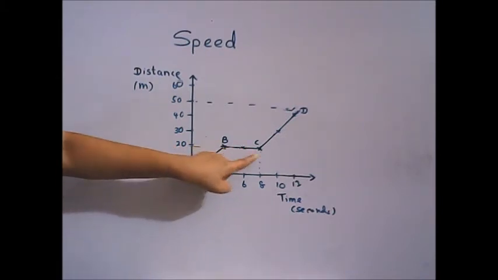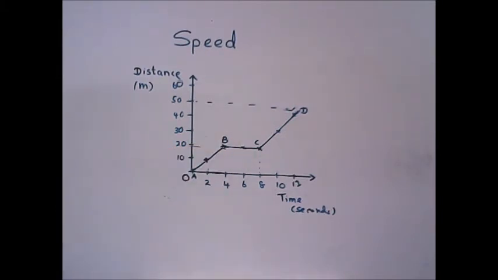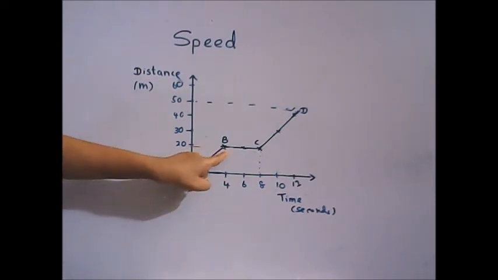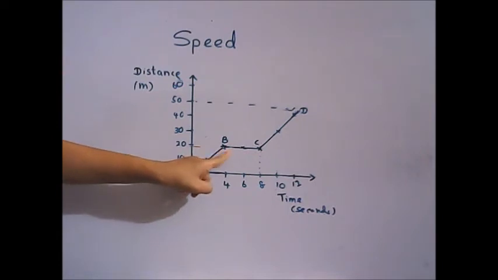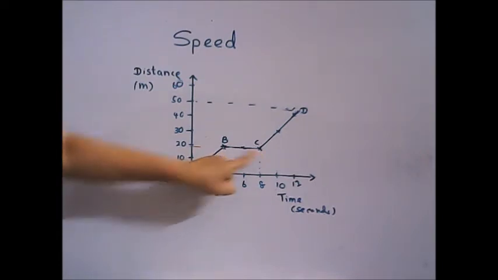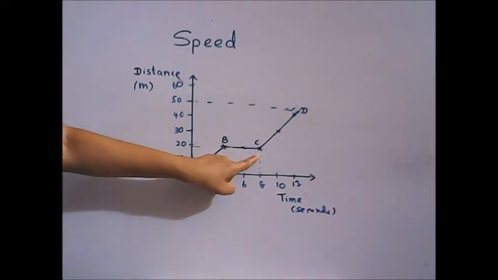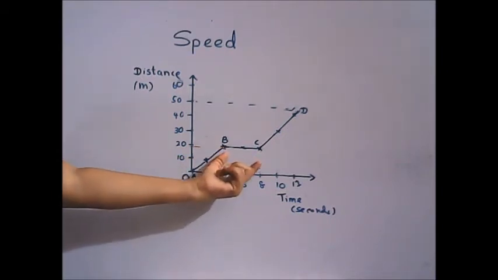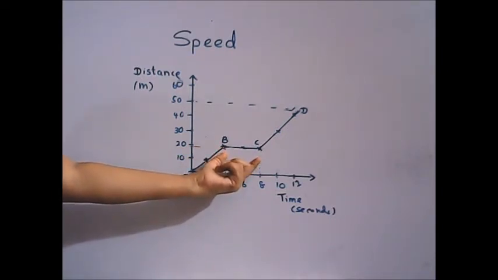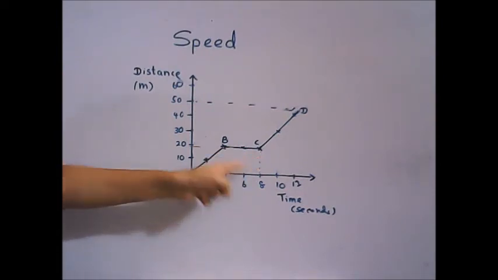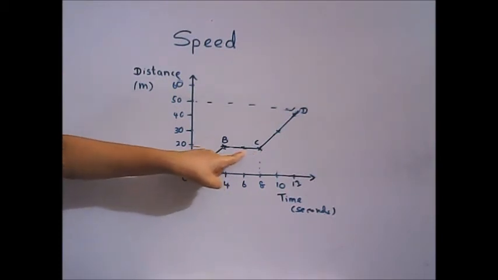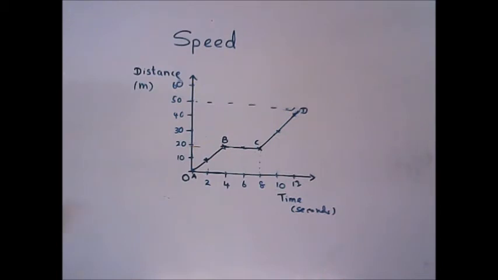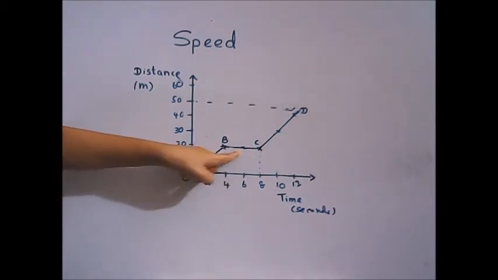At these 3 points, the distance is 20 meters. It means the y coordinate is 20 and the x coordinates are 4, 6, 8. The difference between these 2 points is 8 minus 4, which is 4. Then Nima spent 4 minutes at the shop.